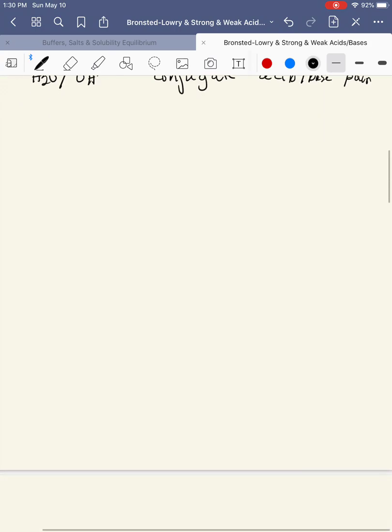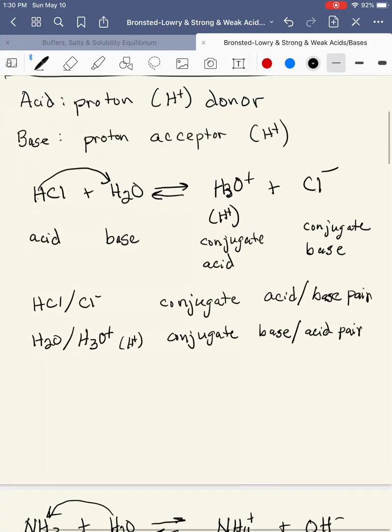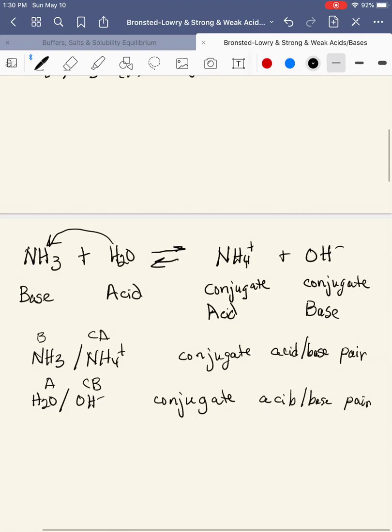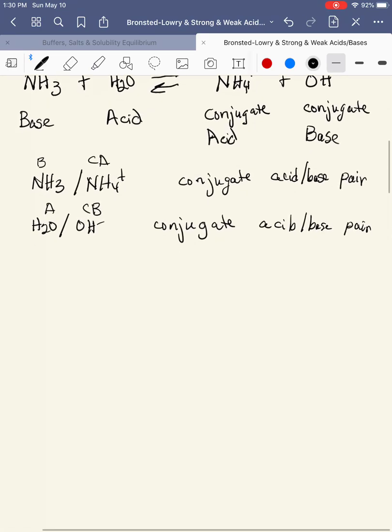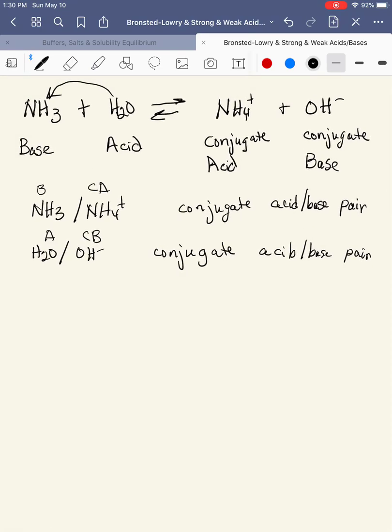Now, if you'll note, in the first situation, water acted as a base. In the second reaction, it acted as an acid. So you can see that water isn't always an acid, isn't always a base, and that's why the Bronsted-Lowry theory is nice. Let's do one more.